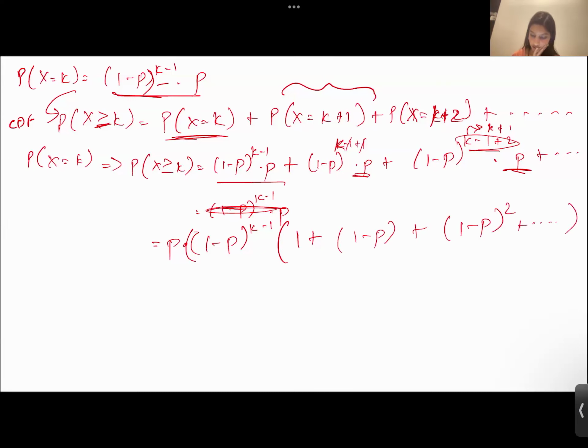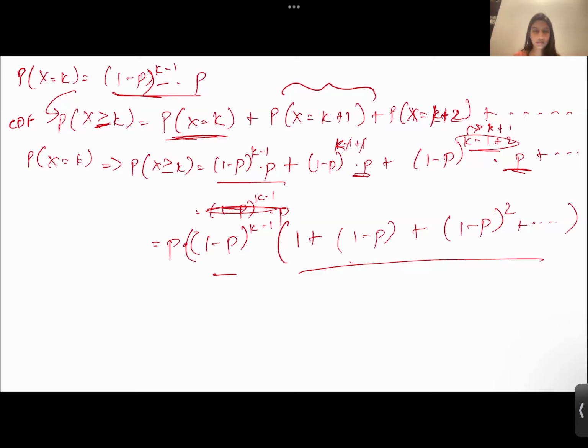So this goes on like this. When you see a pattern like 1 plus (1 − p) plus (1 − p) squared, your next term will be (1 − p) cubed and so on. This is a geometric series with a common ratio of (1 − p) and first term 1, and the sum goes on to infinity, until you get the success.